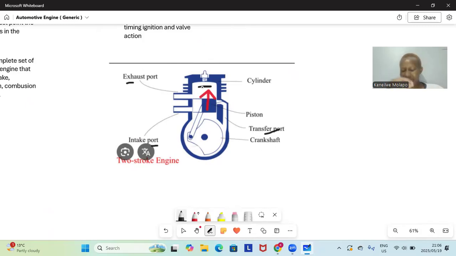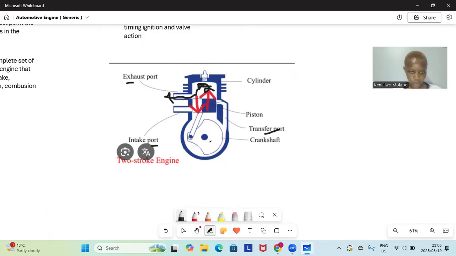Then if the piston goes down, the air that is in here, from the combustion, will go out through this exhaust port.